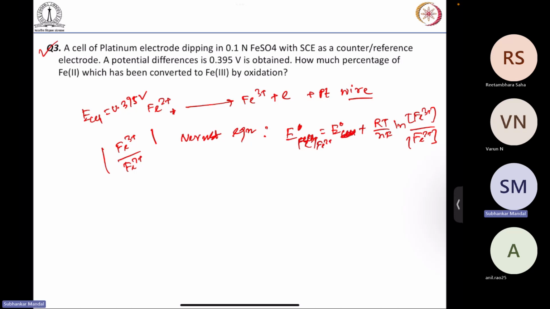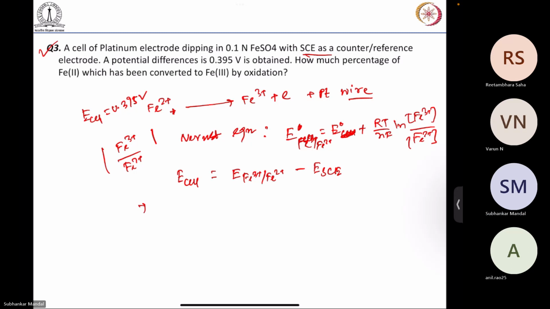Now we know E cell, as the reference electrode is the saturated calomel electrode, E cell we can write as E of Fe3 plus Fe2 plus minus E of saturated calomel electrode. So same way we can get.